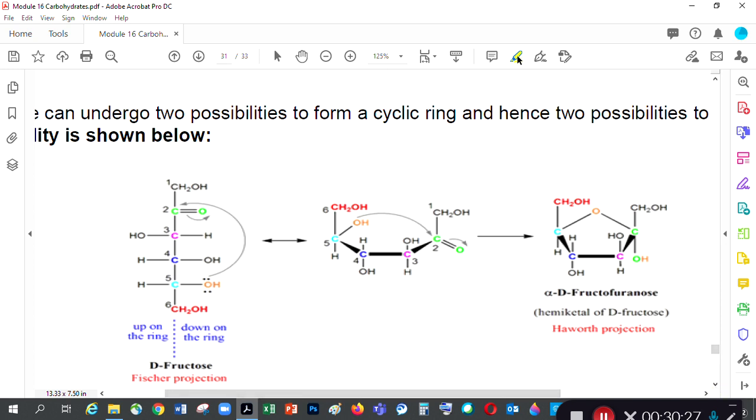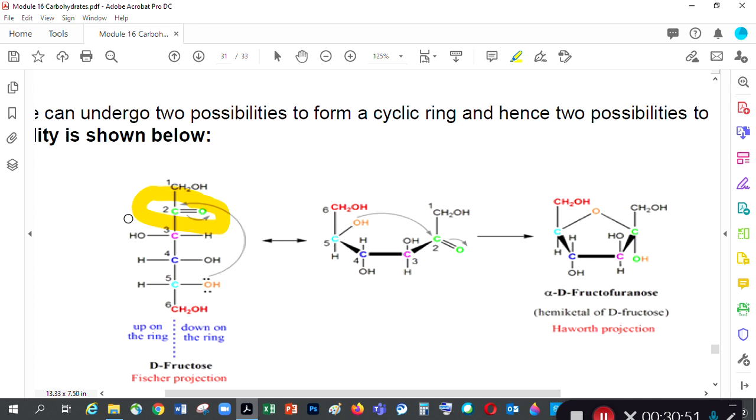The fructose is a keto. Here it is. This is a ketone group, keto group, carbonyl group, and this is a fructose. This is a Fischer non-cyclic structure or projection.